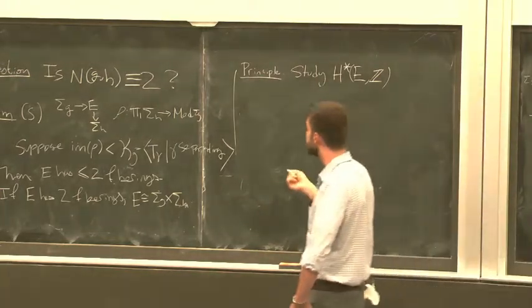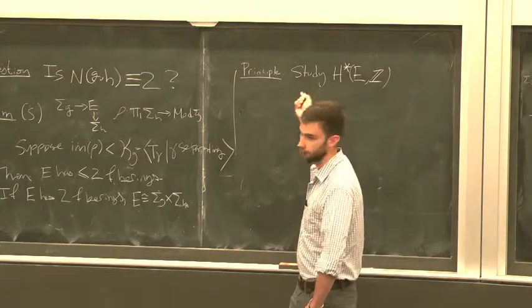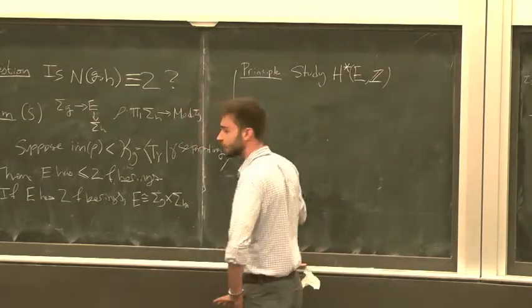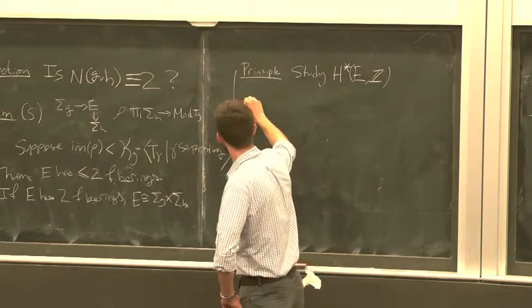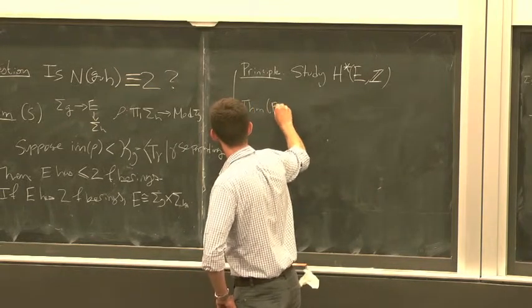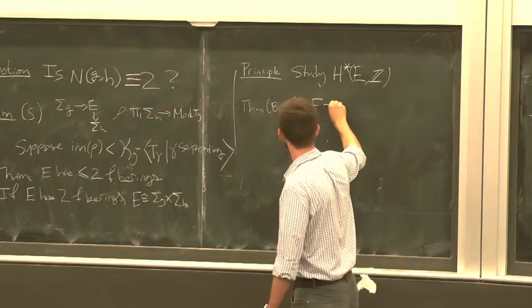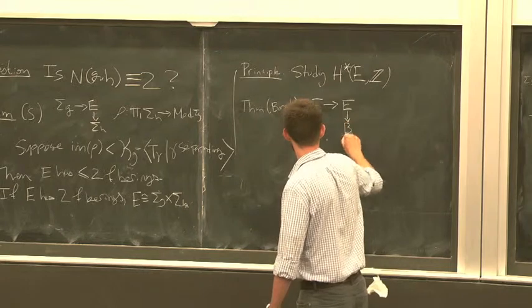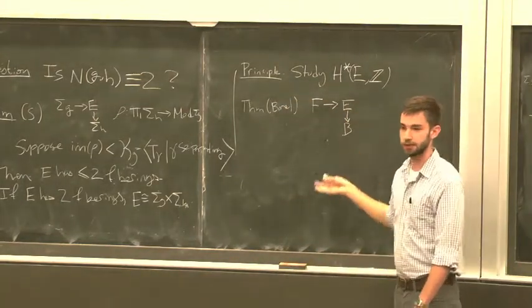So let me tell you the basic fact that underlies how you use the cohomology ring to study fiberings. This is a very general fact about fiber bundles. I've seen this attributed originally to Borel. So, theorem: suppose I have some fiber bundle of closed oriented manifolds, so not just surface bundles, and not just surface bundles over surfaces.